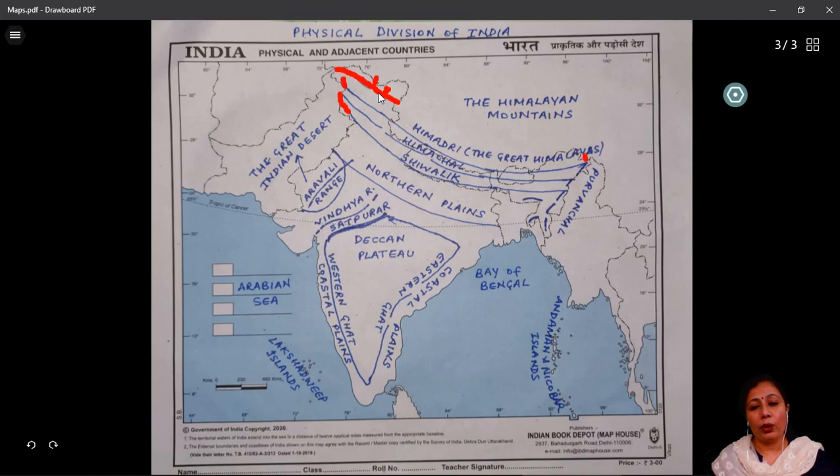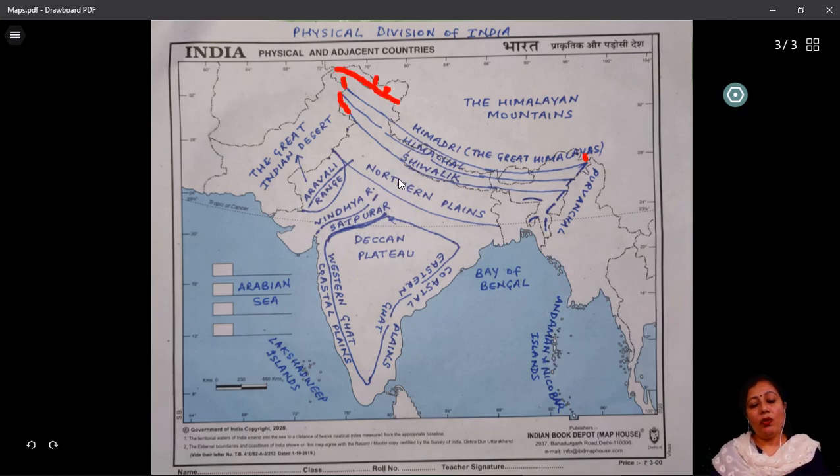That is why it was important to tell you about the Karakoram Range, K2, and the Siachen Glacier, where India's battlefield is at the highest peak.